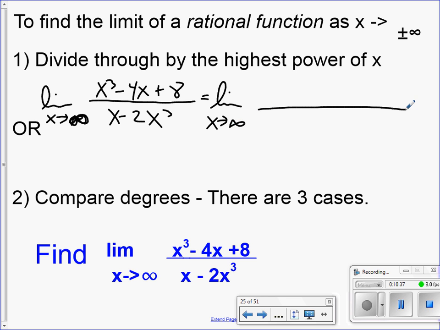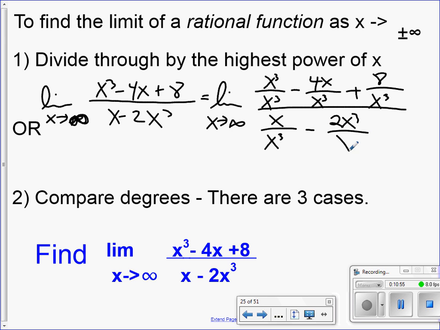If you multiply top and bottom by 1 over x cubed: x cubed over x cubed, minus 4x over x cubed, plus 8 over x cubed. Down here we have x over x cubed minus 2x cubed over x cubed. I am allowed to do that and make it look like a mess because what I've really done is multiplied top and bottom by 1 over x cubed.